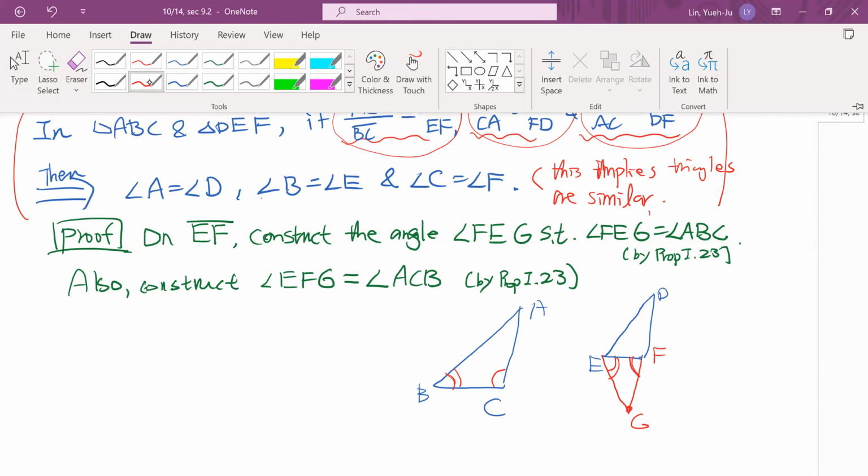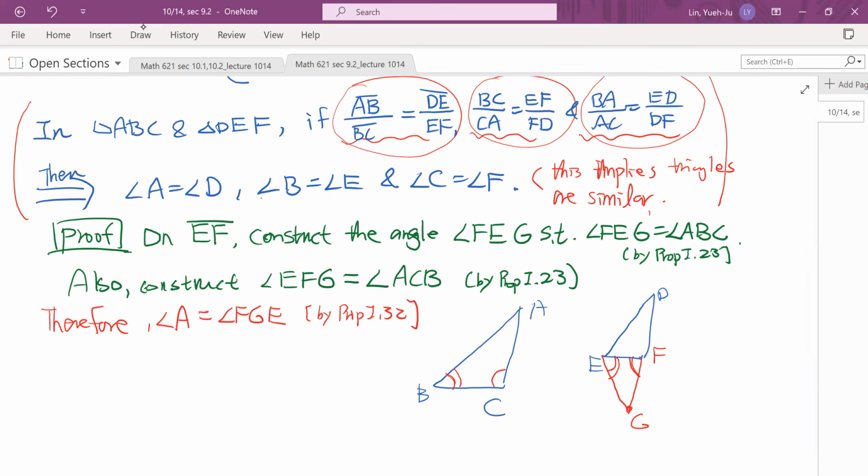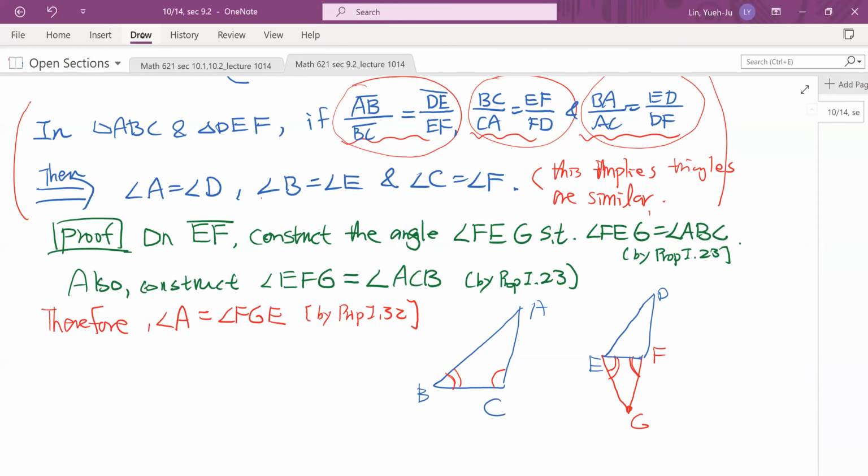Therefore, the angle A is equal to angle G. This is because we know the sum is 180, right? So let me use a different color.